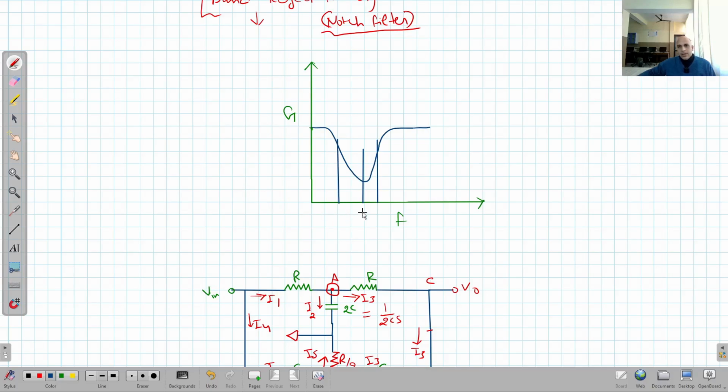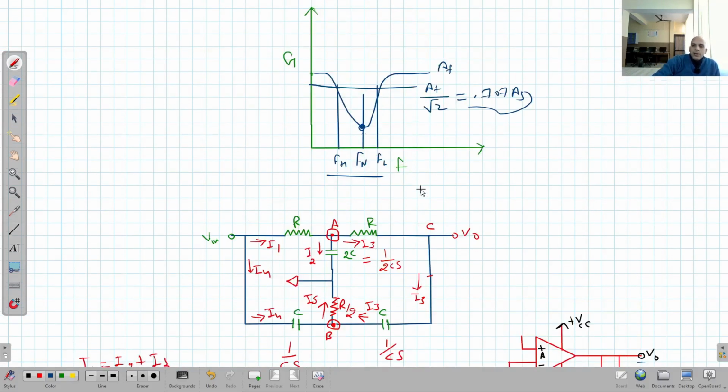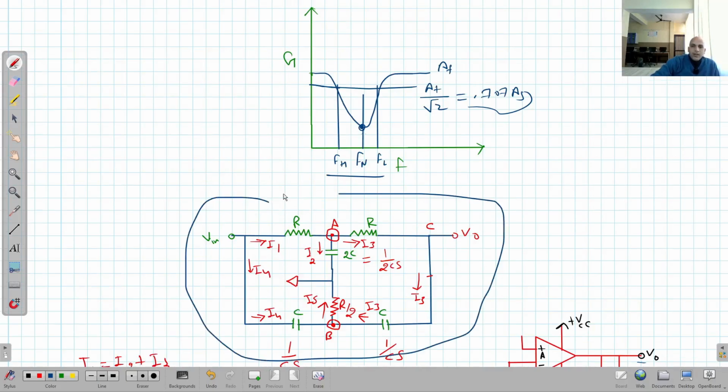This is Fn, the notch frequency. This is FL. This is FH. The notch frequency is the frequency at which the gain is minimum. These are the values at which the gain is AF divided by root 2, that is 0.707 AF. This is the output of this circuit.